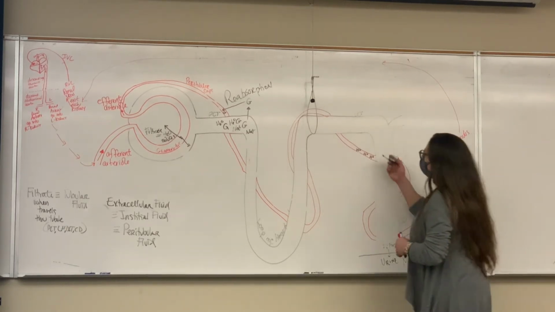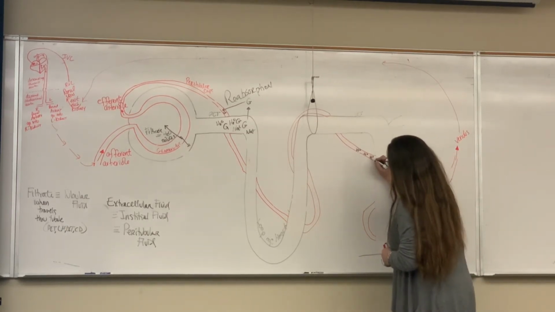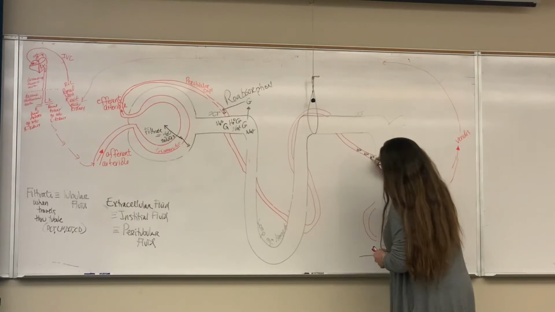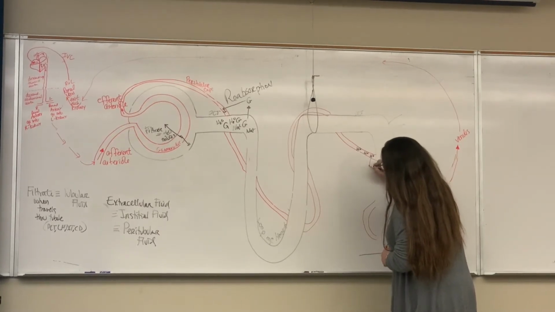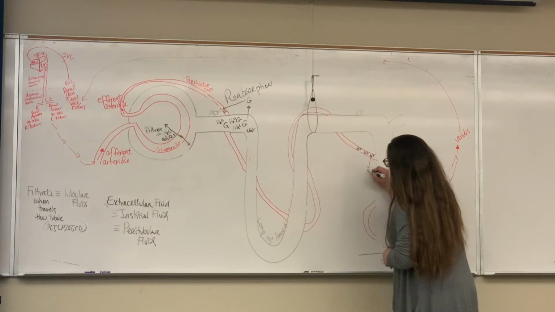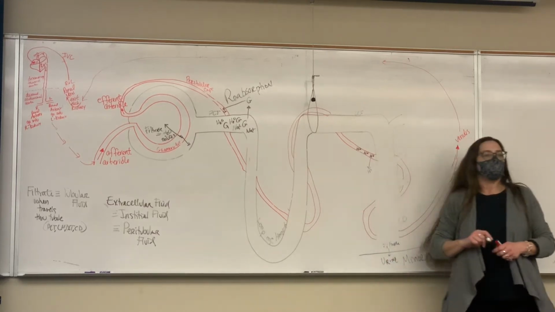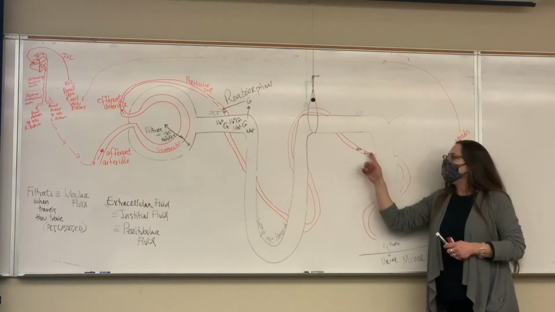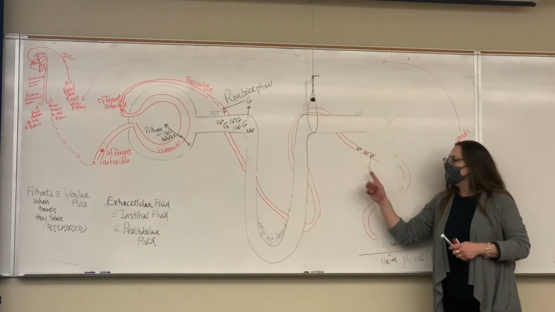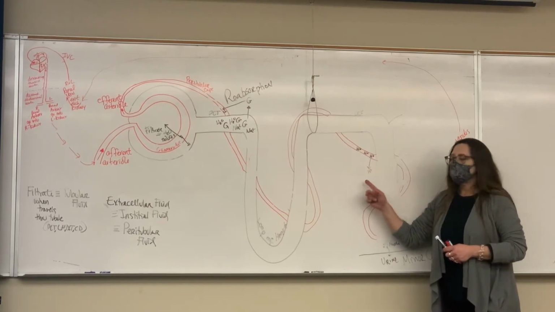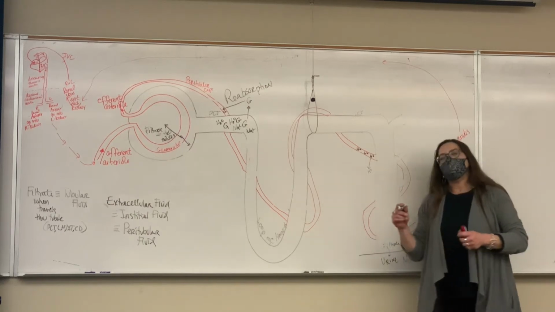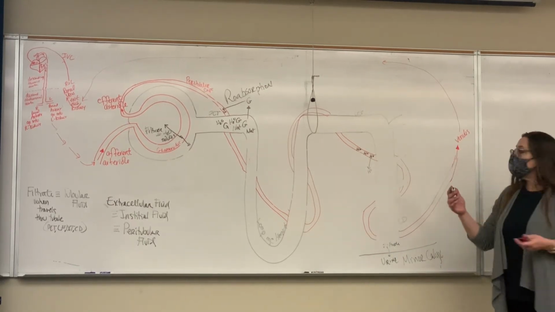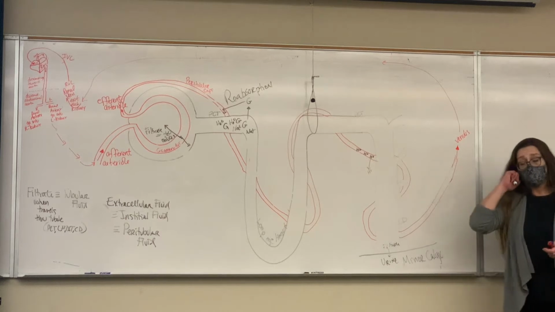So here we would have those hydrogen ions. Let's say they diffuse out of the blood in the peritubular capillaries, and now they're out here in the peritubular fluid. Then, since it's hydrogen ions, we'd have to use pumps or channels.